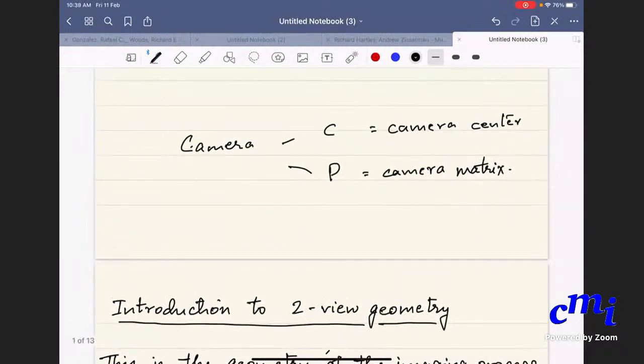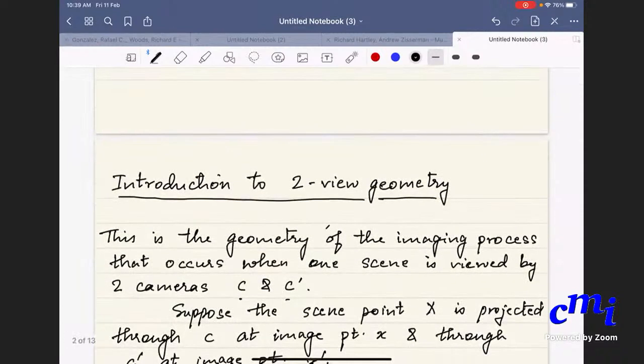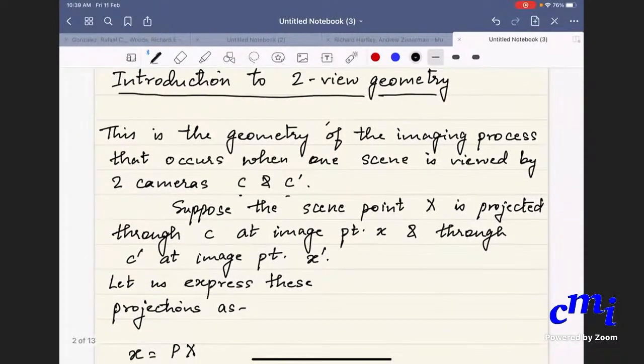So a camera can be denoted either by the camera center C or by the camera matrix P. Sometimes we say, let C be the camera, or let the matrix P be the camera. Either language is fine. So I have two cameras C and C prime, and suppose the scene point X is projected through the first camera C at a point small x, and through the second camera C prime at a point x prime.